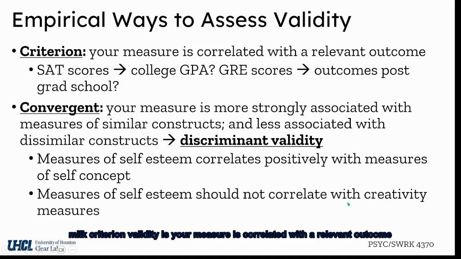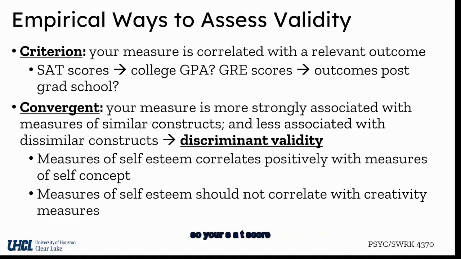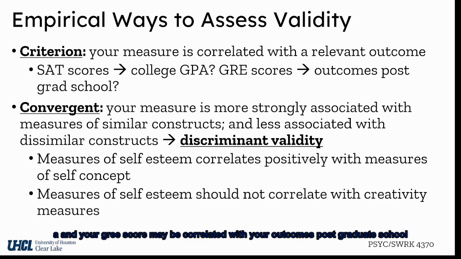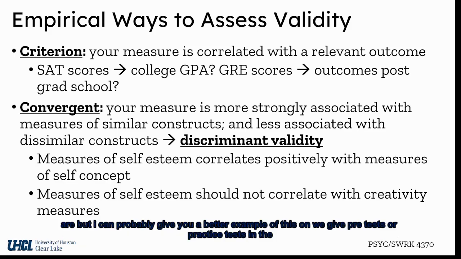Now, criterion validity is when your measure is correlated with a relevant outcome. So your SAT score may be correlated with your GPA, and your GRE score may be correlated with your outcomes post-graduate school. I say maybe because there's some doubt out there about whether those things are. But I can probably give you a better example of this.